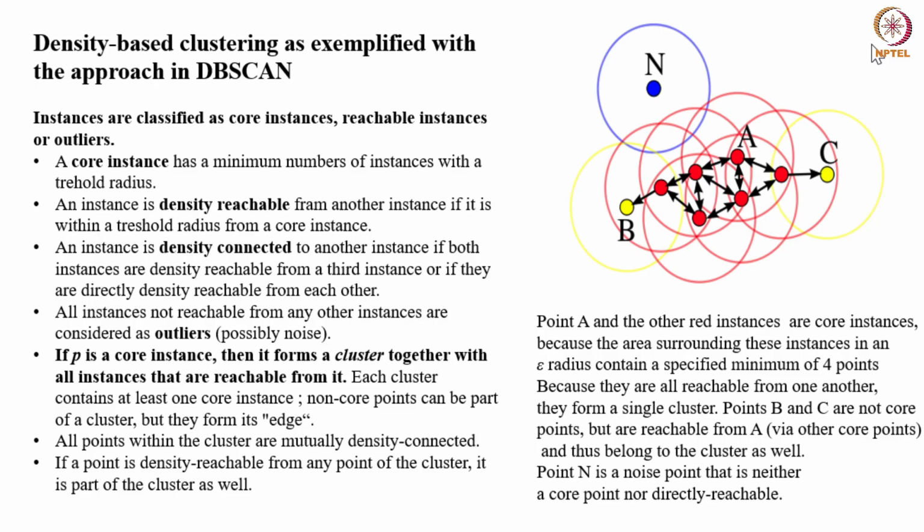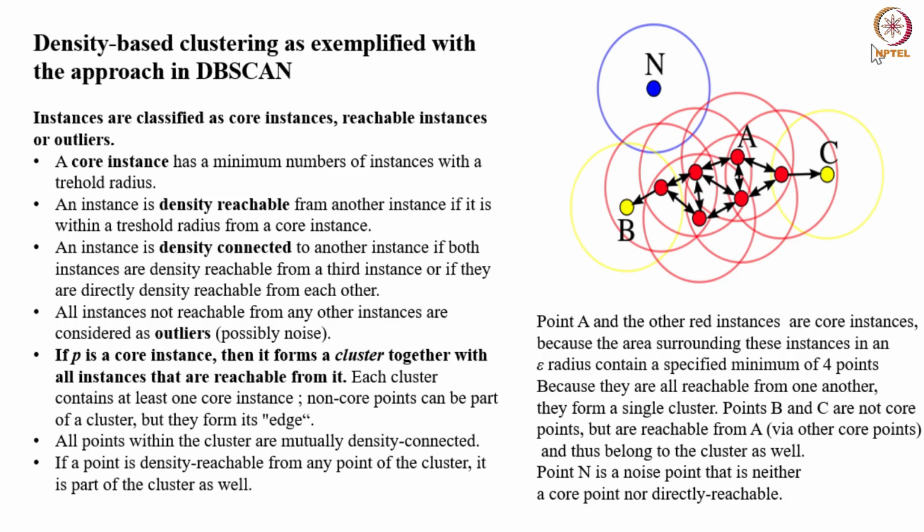So in the example to the right, you can see that the red instances are core instances because the area surrounding these, in an epsilon radius, the threshold radius, contains a specified minimum number of points, 4 in this case.